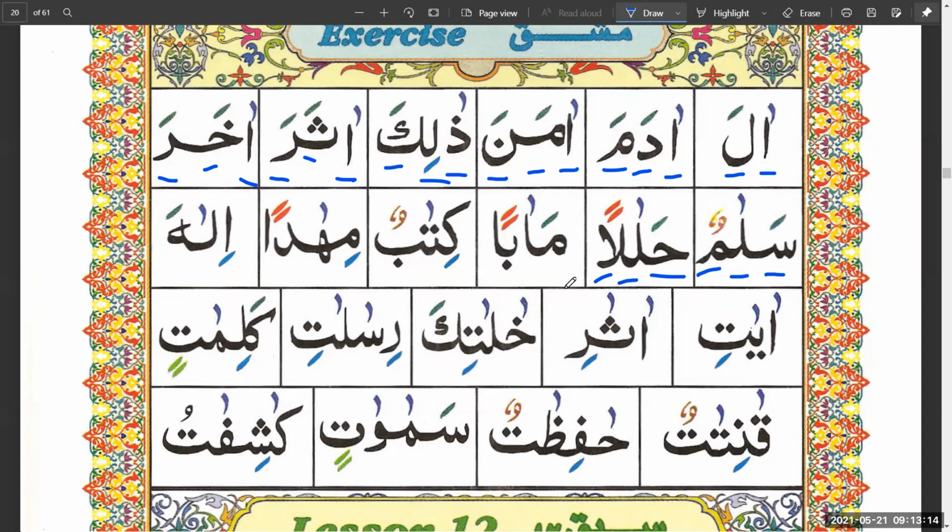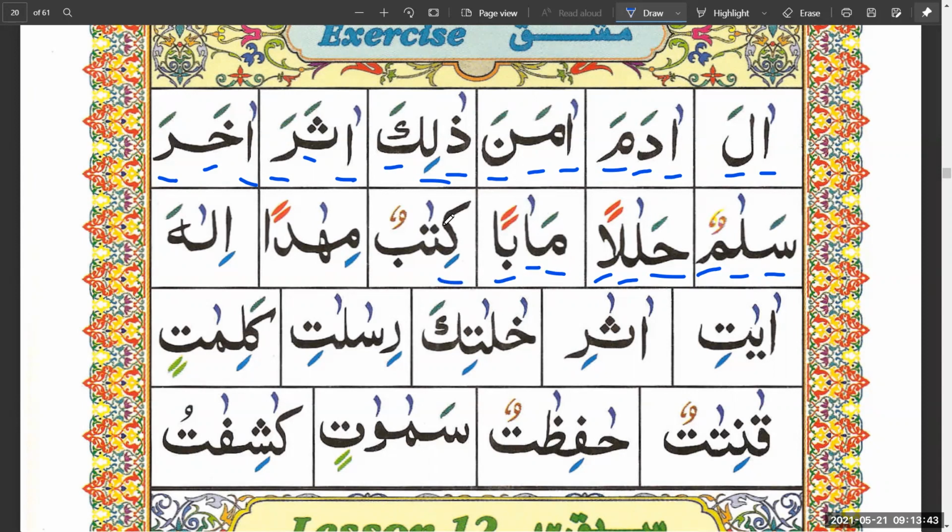Next one, mim fatha ma. Can you tell if this next letter is an alif or a lam? If you thought alif, you are correct because it is not connected to the letter after it. So alif standing fatha and ba two fatha ban. Ma'aban.